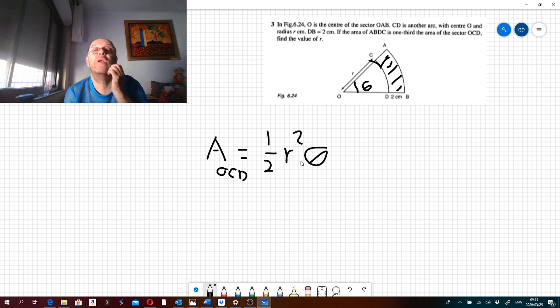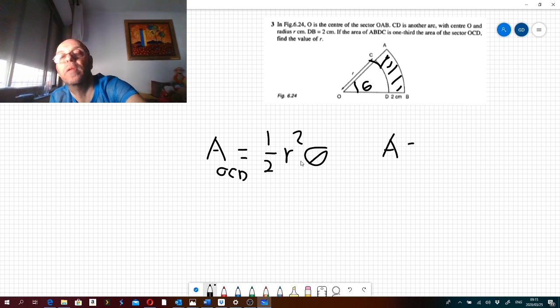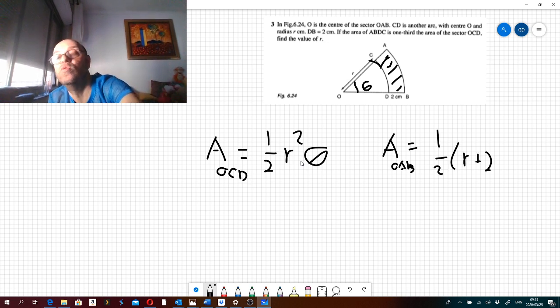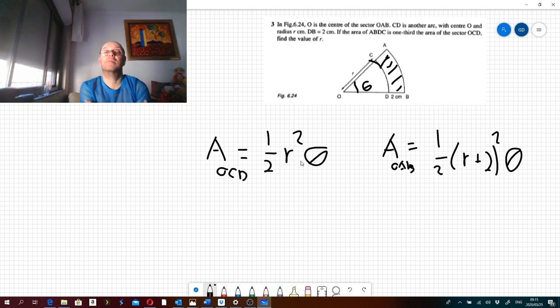Now what would be the area of the bigger sector? Well, we know that radius is r plus 2. So the area of OAB, and I'm going to write this over here, will be equal to a half (r plus 2) squared theta, where theta is obviously the same as the theta in the other sector.